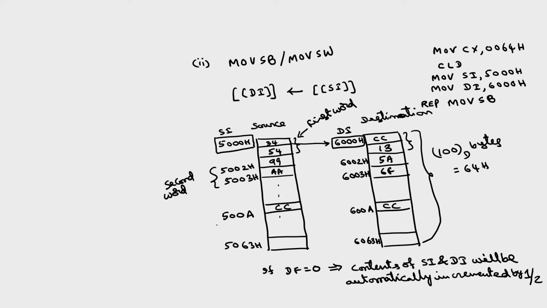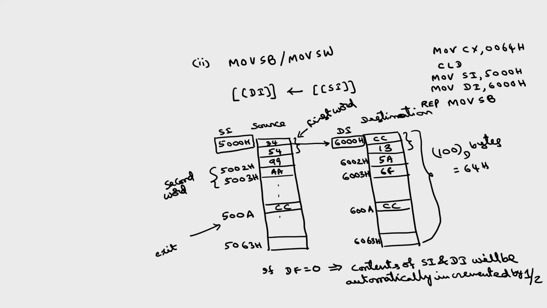So at 5000 A itself, the operation will exit from this string comparison. If these data are not equal, it will compare all the 64 hexadecimal or 100 locations. If any data is same, at that point also it will exit.